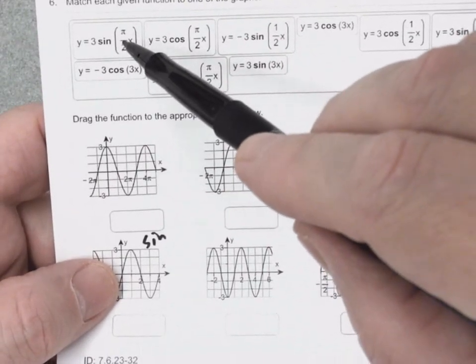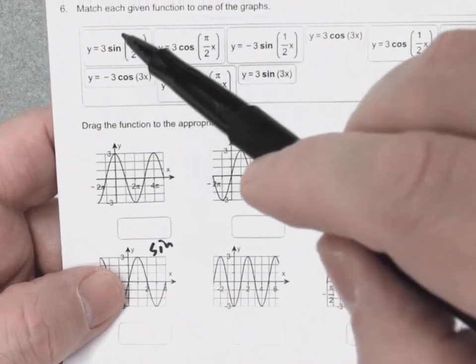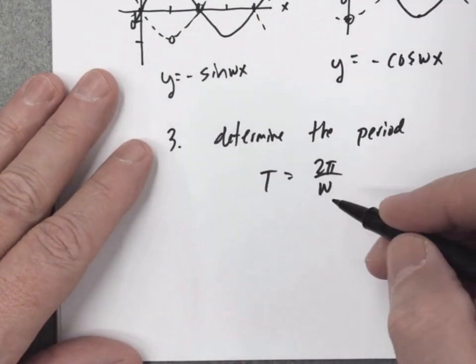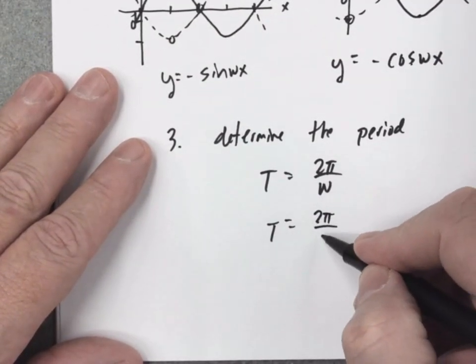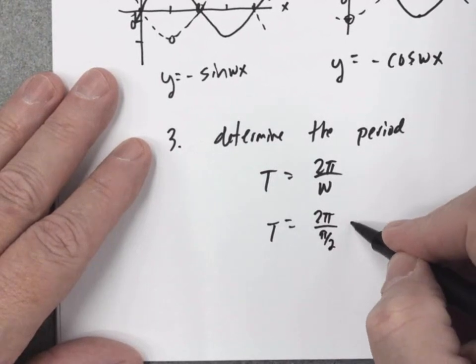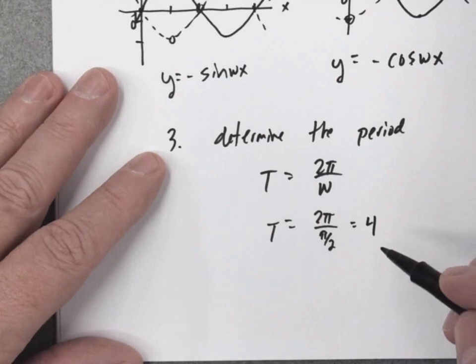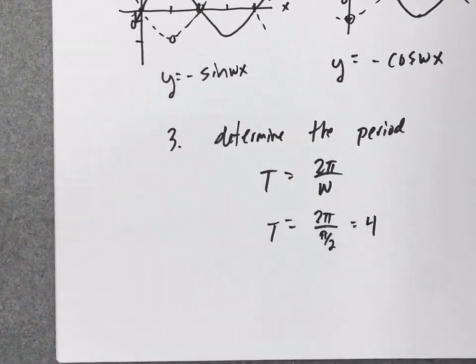Well, the period determines it. So this is my omega, pi over 2. So for this problem, I put in pi over 2 for omega. This thing ends up being 4. That means the distance along the x-axis is going to be 4 when the graph starts to repeat.